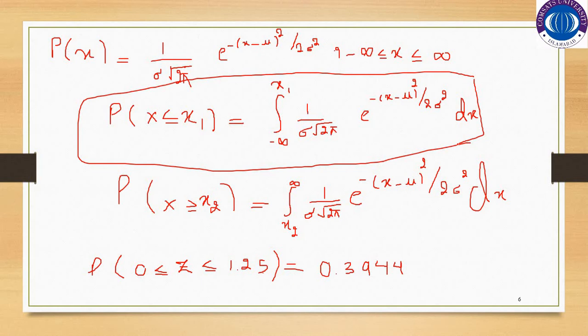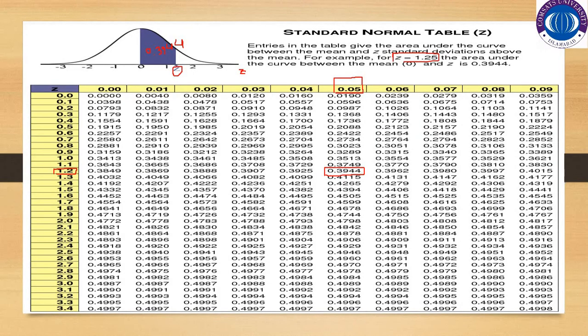And if you can find it in any way, it will give you an approximate result. So this is the easier way to find out the probability between 2 points.